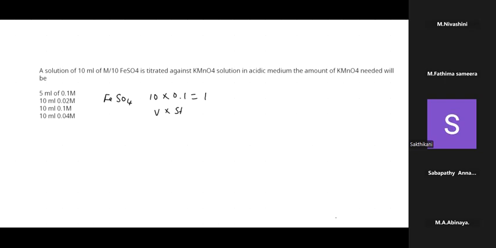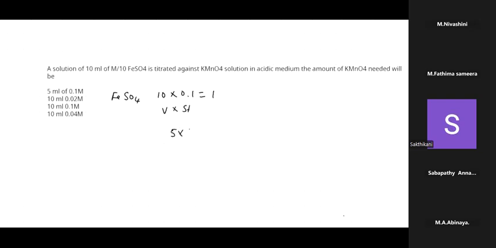Equivalence is 5. Therefore, this will be equal to 5 into 10 ml into 0.02, which comes out to be 1. Whereas if you put any other thing, 5 into 10 into 0.1 will be 5.